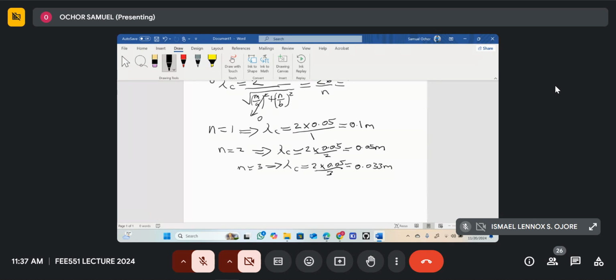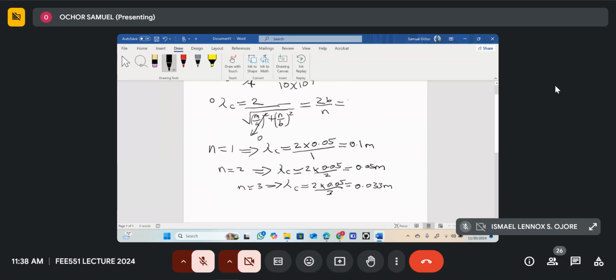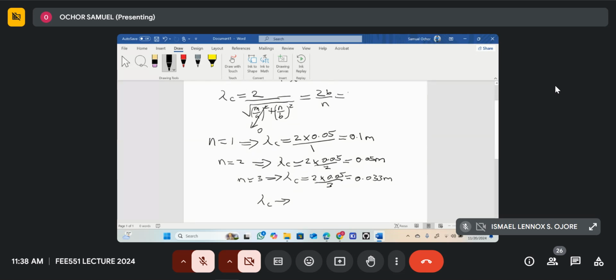So we should go on until we find a cutoff wavelength where it does not propagate. Cutoff wavelength is the maximum wavelength such that the wavelengths below it propagate, in layman terms. So we compare the cutoff wavelengths we found with our free space wavelength.